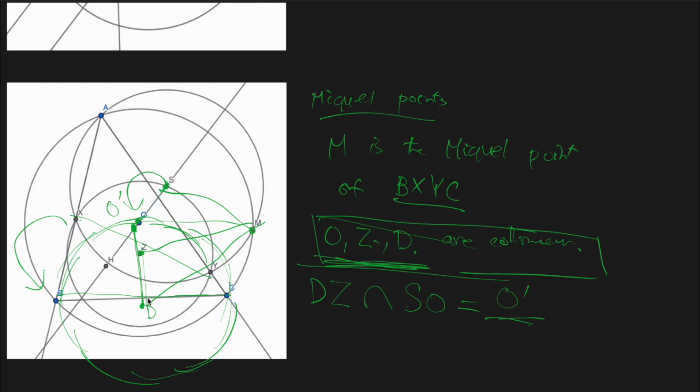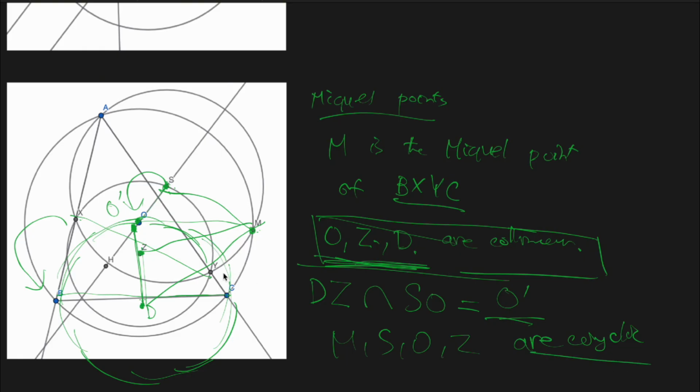And so we have that, for example, DS, DO, the opposite points, we have that D, O, O prime, M should be concyclic. And we also have that Z, S, O, M should be concyclic. So Z, S, O prime, M. But since we want O prime to be equal to O, it is equivalent to show that M, S, O, Z are concyclic.